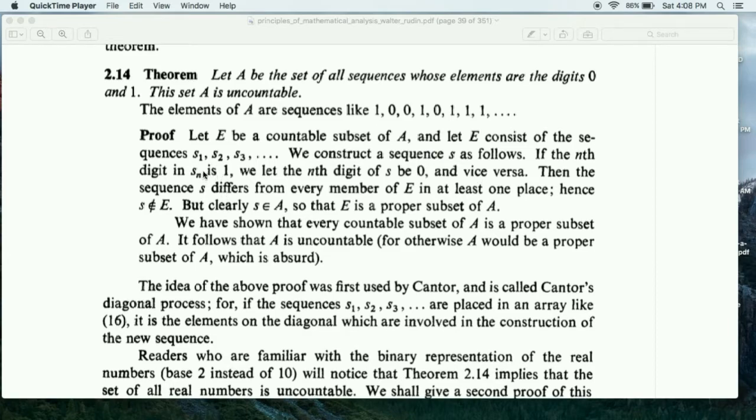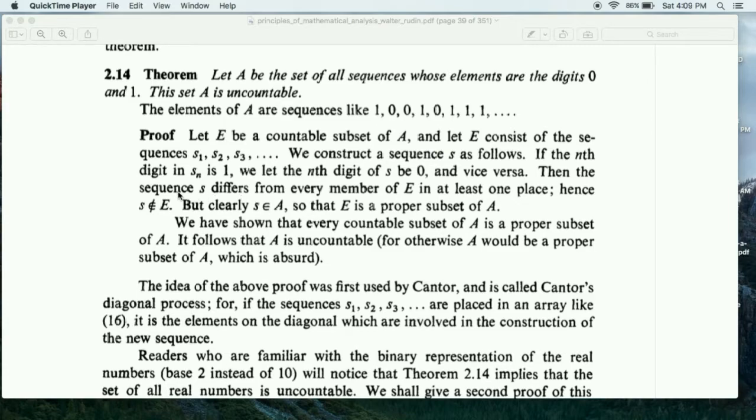So S is a sequence where if there were 1 in the first position in S1, then S will start with 0. If the second entry in S2 is 1 or 0, then the second entry in S will be 0 or 1 respectively. Similarly, complement of the third position of S3, and so on.